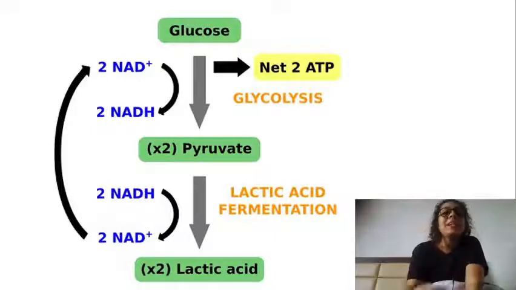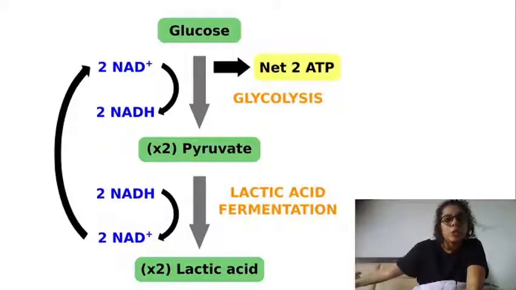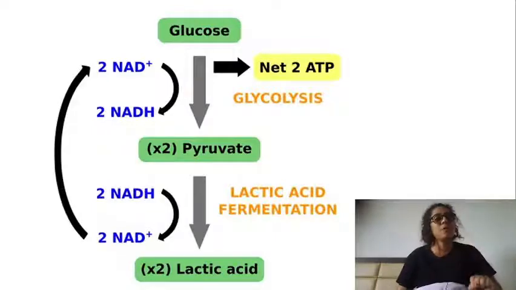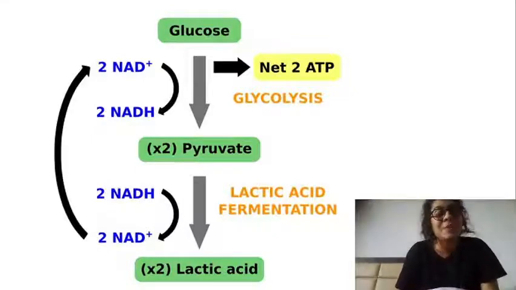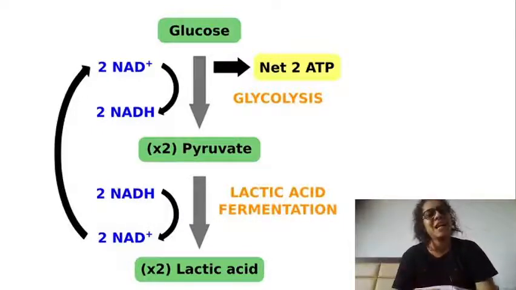Now pyruvate, because it is not getting the proper amount of oxygen, instead of going for a Krebs cycle to break down glucose further for energy, goes for a fermentation process, and we call that lactic acid fermentation, where lactic acid is produced. And this is the same acid which is responsible for causing the cramps in our body.